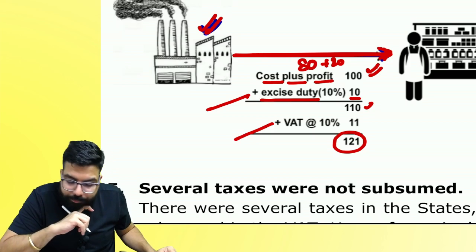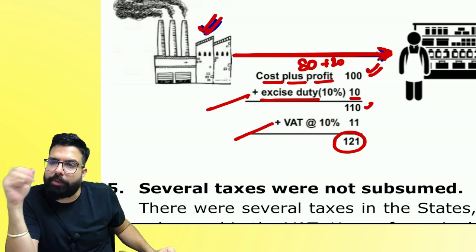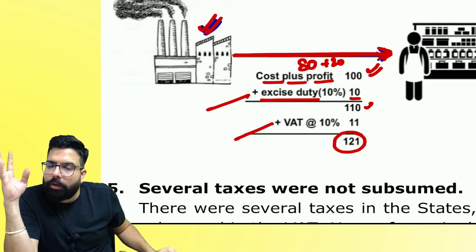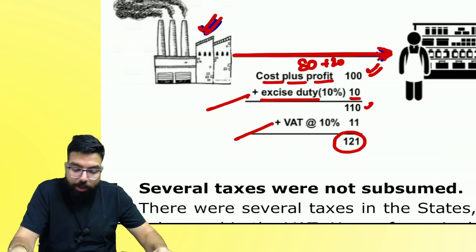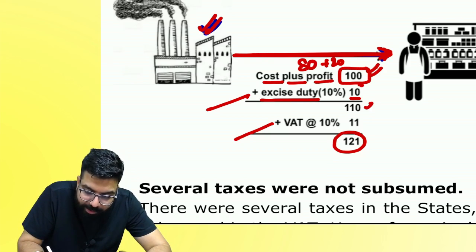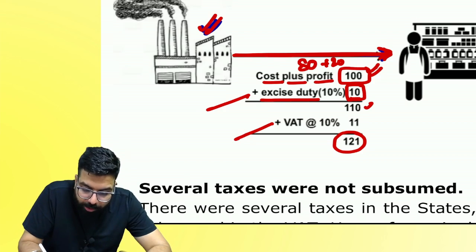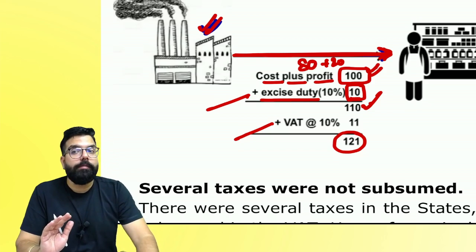You tell me one thing, is the government's work to collect tax on goods or service? Is the government's work to collect tax on tax, tax on tax? You tell me one thing, on a 100 rupees item, on manufacturing he paid how much? Total is how much? 100 and how much tax is included in 110?